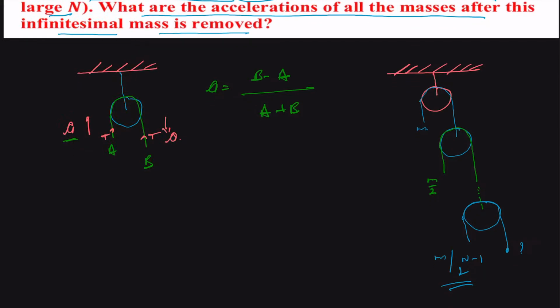Tension T will be equal to 2AB divided by A plus B, times g.